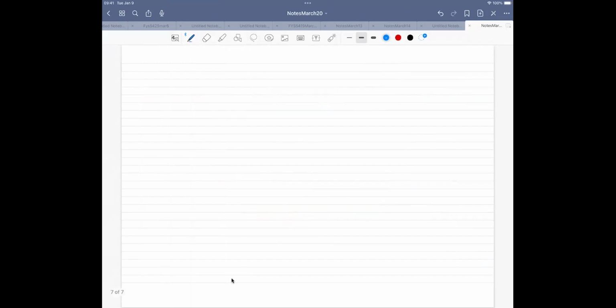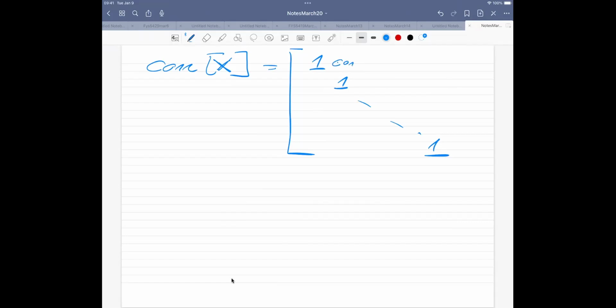It's a symmetric matrix. So if I write correlation of x, so this should be an uppercase letter, what I will get then are ones here along the diagonal, because then I divide by the variance. And then I would have the correlation matrix element of x0, x1. And this goes all the way up to correlation of x0, xp minus 1.